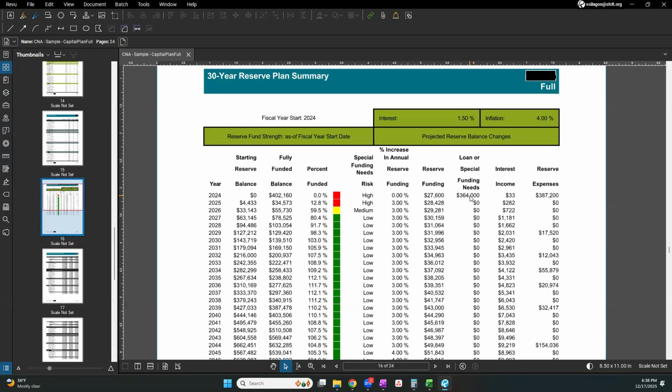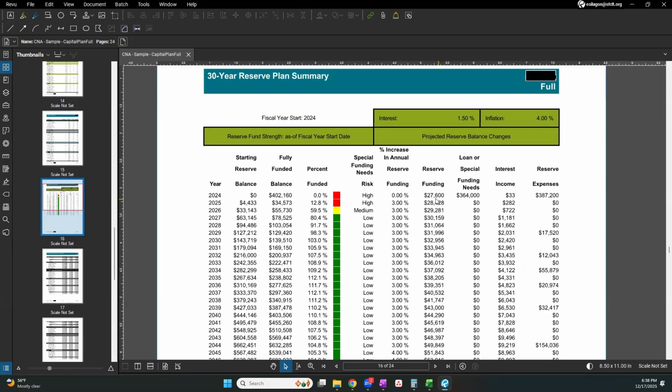And initially we're going to need a special infusion of $364,000. And we'll earn a little bit of interest. And we plan to spend in our rehab $387,200. So starting in 2025, we'll have a pretty small balance in that reserve account compared to where we ideally would be.